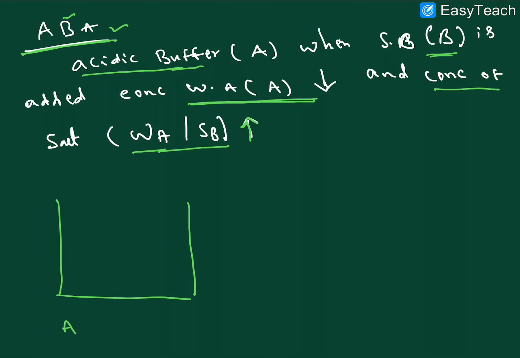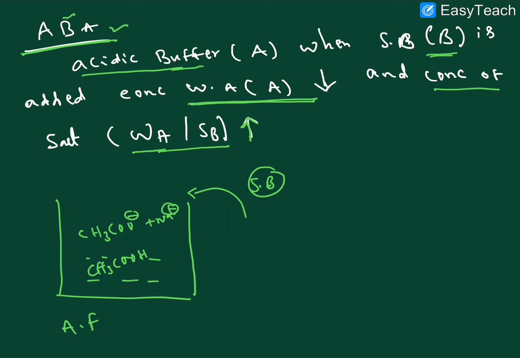Simple trick here, this is the acidic buffer solution. This acidic buffer solution has acetate ions plus sodium ions plus acetic acid. Whenever we add a strong base, this base reacts with this weak acid and produces acetate ions.